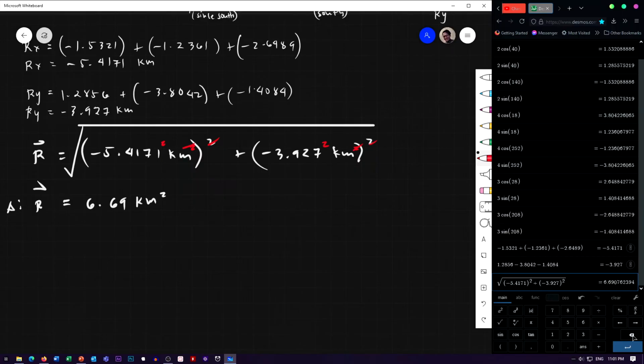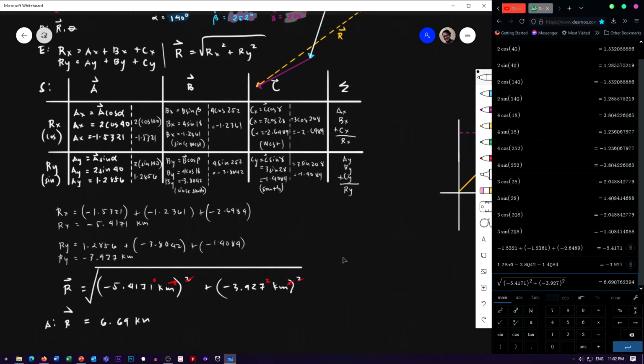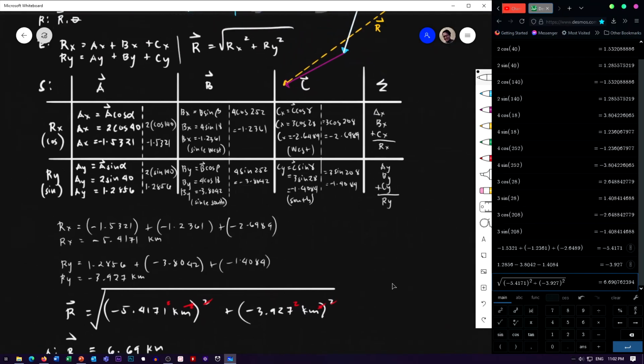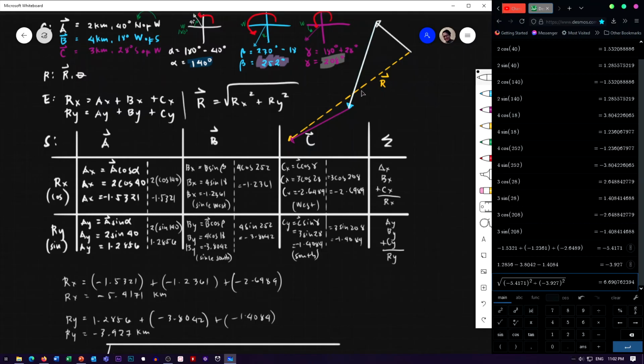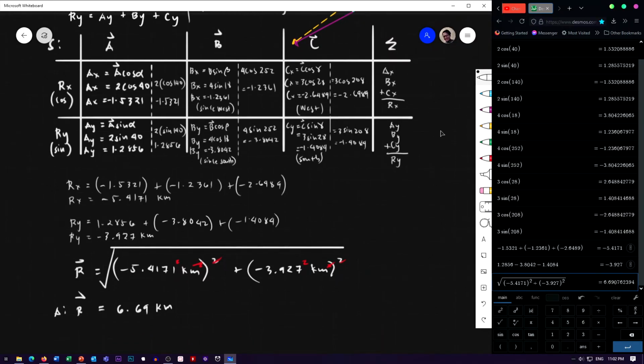This is not squared there because it's just a linear unit. Looking back at your diagram, you can see that it makes sense, since the answer is longer than our longest vector, which is 4 kilometers. So our resultant vector r has a value of 6.69 kilometers.